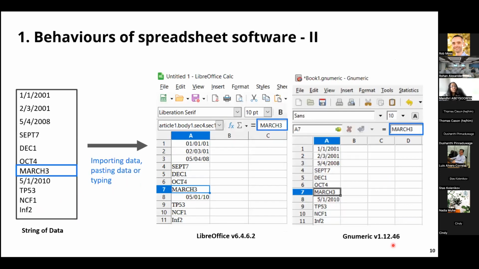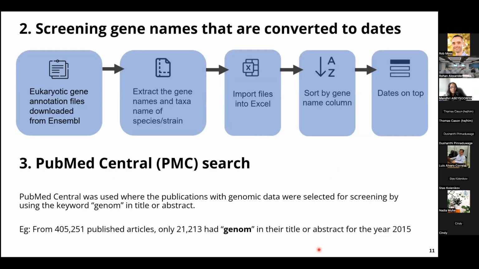As for LibreOffice and Genomic, for the same string of data and the same March 3 gene, you could see that the gene does not alter in either of these software.